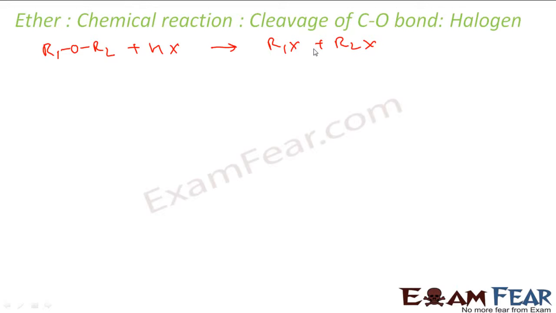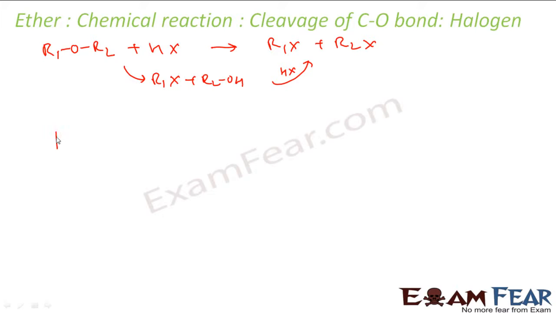First you get 1 alkyl halide and 1 alcohol, and then the alcohol reacts again with HX to form an alkyl halide. So end of the day you get 2 alkyl halides. Maybe I can draw it in this fashion. This one will give you R1X plus R2OH, let's suppose. And then again when you add HX, at the end of the day you get this.